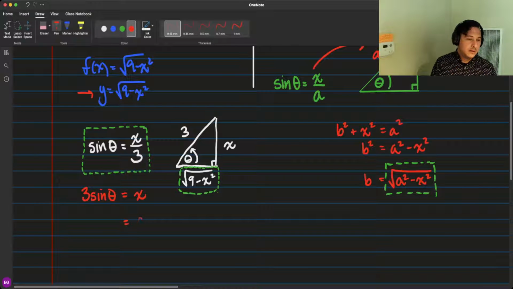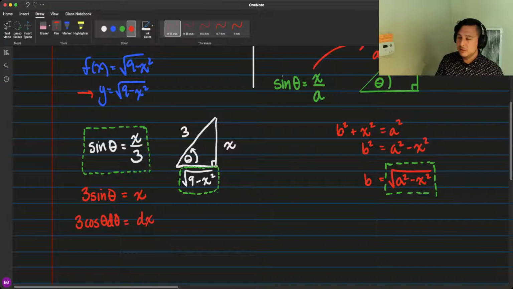Then what is dx equal to? dx is going to be equal to 3 times the derivative of sine. What's the derivative of sine? Yeah, cosine theta d theta. So the way you calculate the differential, hopefully you remember how to do that. You learned that at the end of 101A.